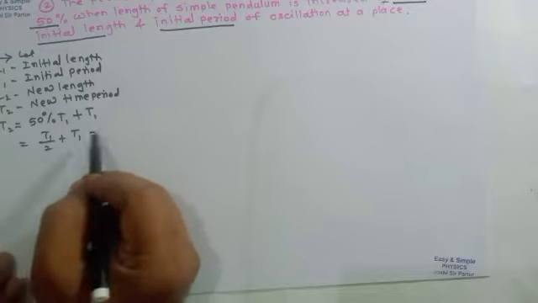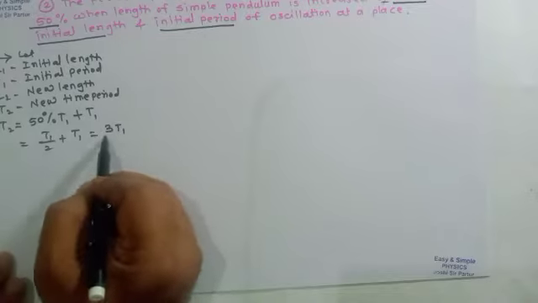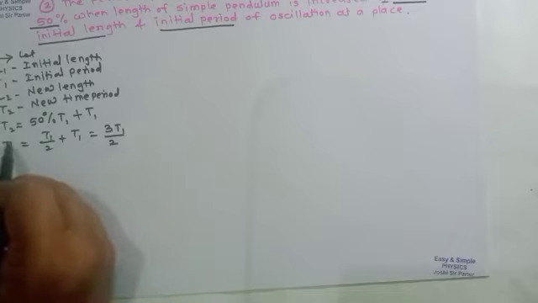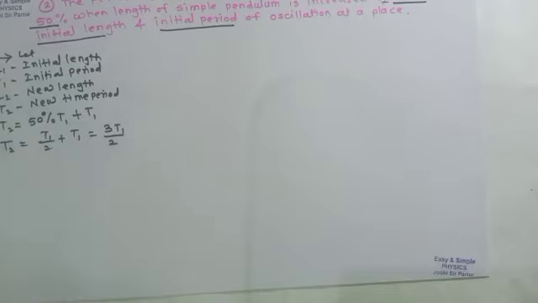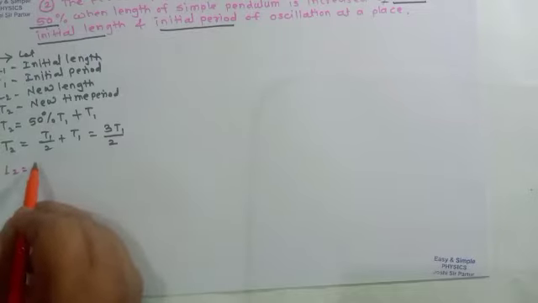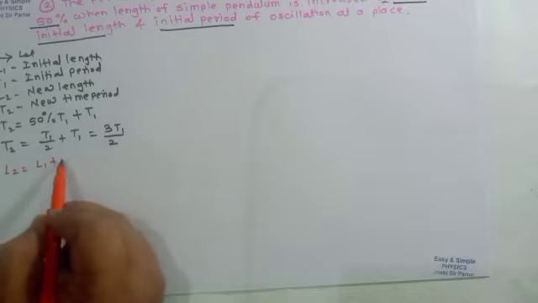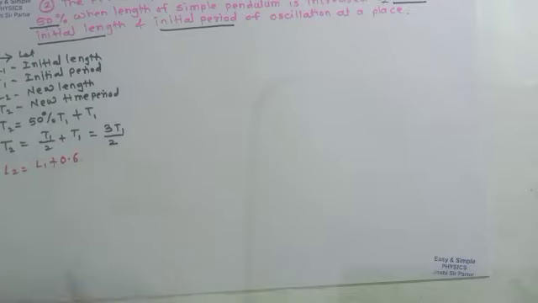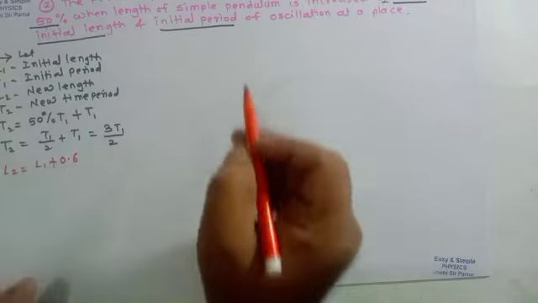By adding, 3 T1 upon 2 is the value of T2. Similarly, the new length will be L1 plus 0.6 meter.